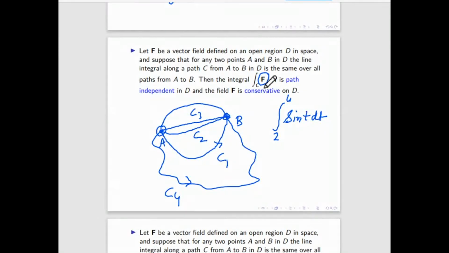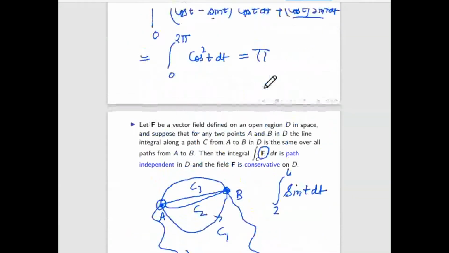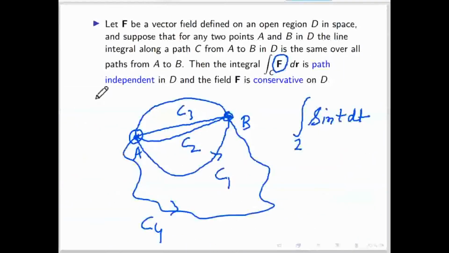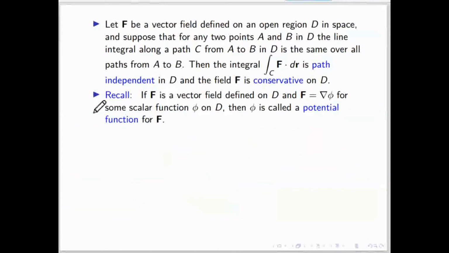So now how will we check whether this field is conservative? That we will also see. This definition we have seen: if phi is a scalar field and the gradient of phi equals F, then phi is called a potential function.